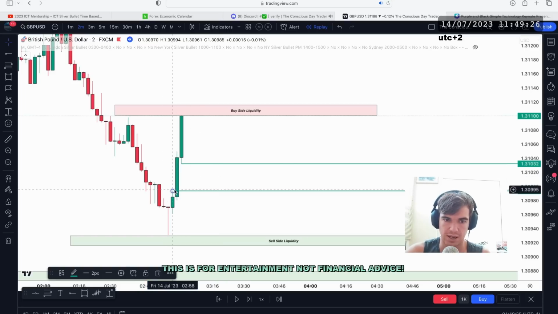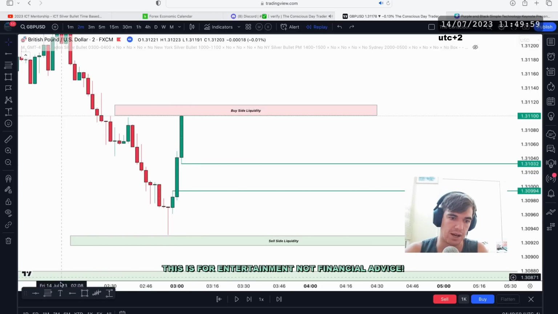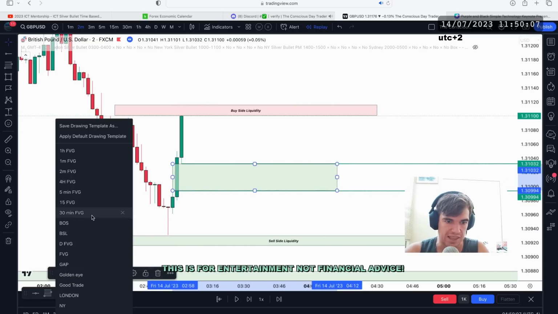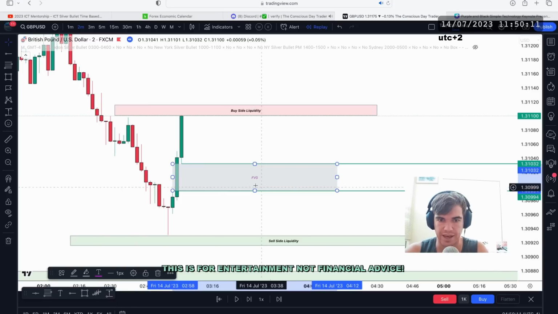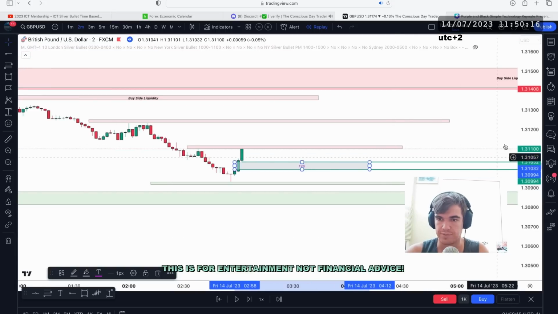This candle here has all this space in between them. So this space here is what we call a fair value gap. When I see this, I always put a box there and extend it out like that. So now I know that if the price comes back into that fair value gap, that's my opportunity to look to get my long position.